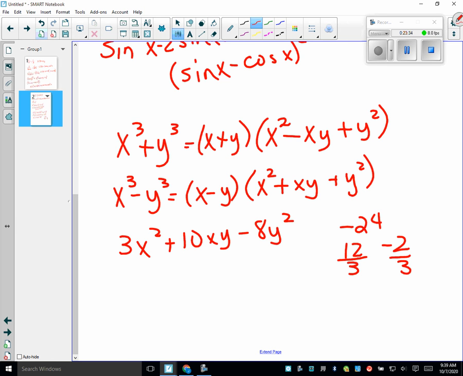Why did I put it over 3? It's a good question. Because that was the first number. Reduce. Will that second one reduce? This one will, right? The bottom number is first, the top number is second.